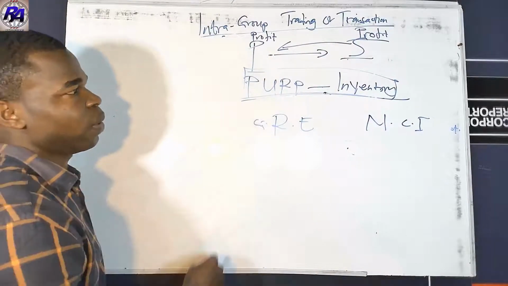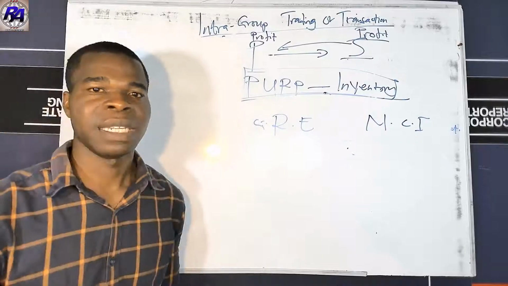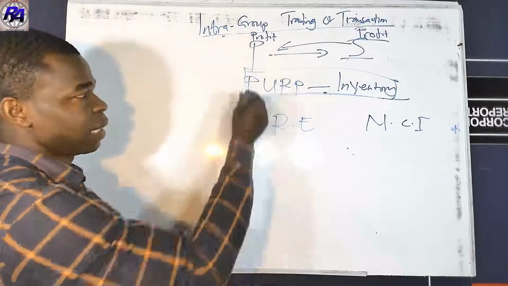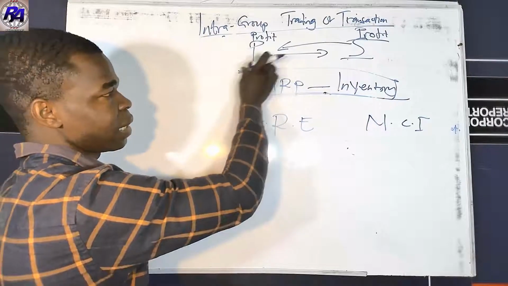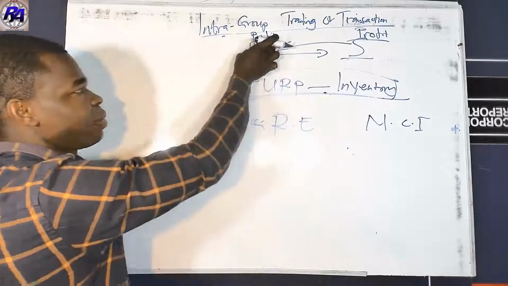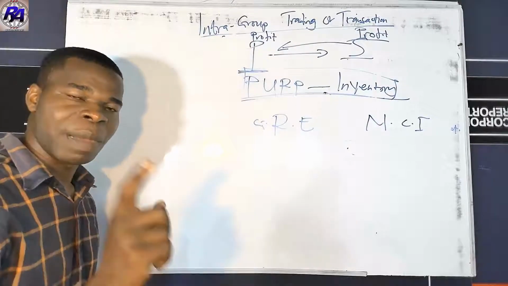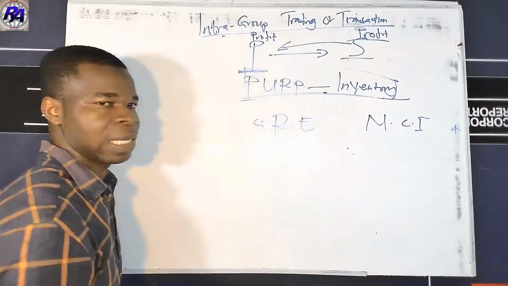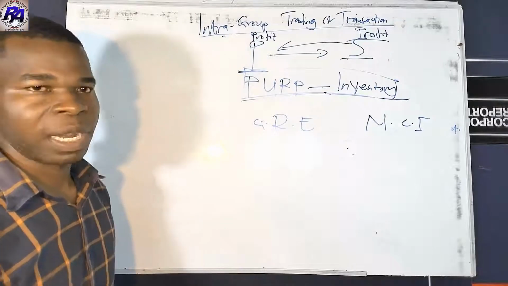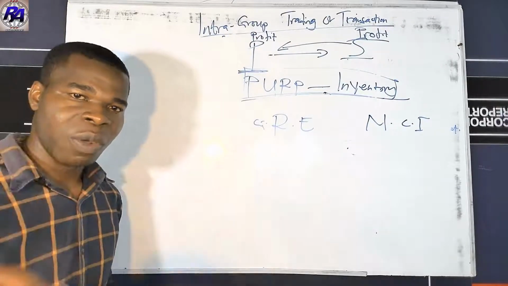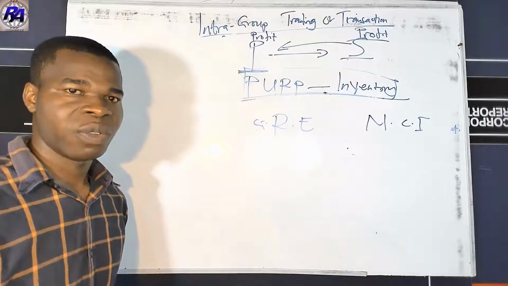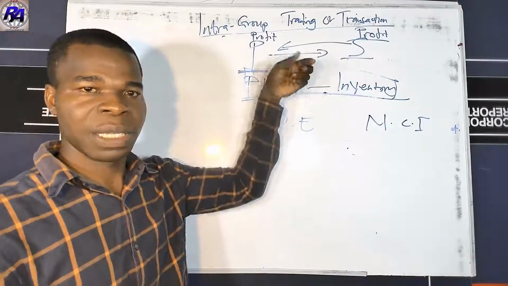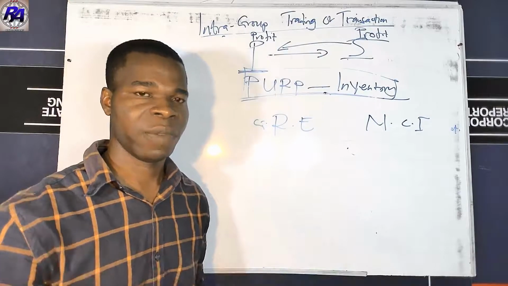Now let's look at how to identify whether the value in the question is a selling price or a cost price. Remember that if the parent sells to the subsidiary, then the parent is the one making the profit. But if the parent was able to sell all the goods to an outsider, then there's no issue of unrealized profit. The issue of unrealized profit arises when the goods sold to one of the members of the group still remain in the account at the end of the period.